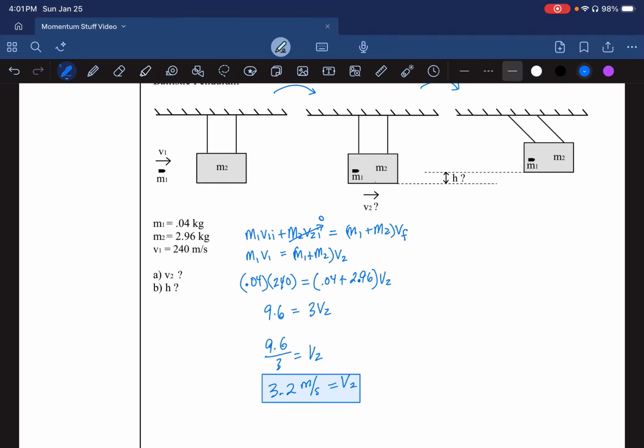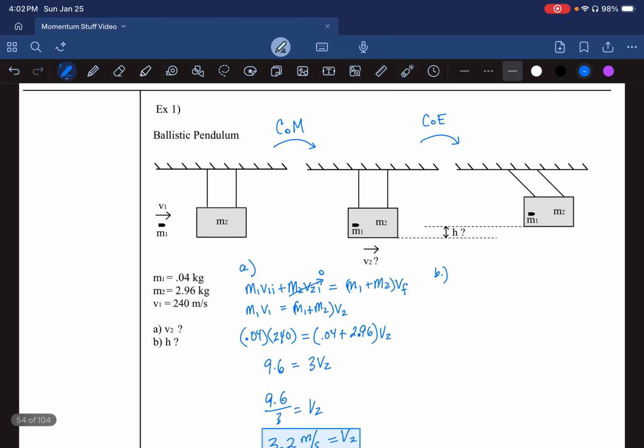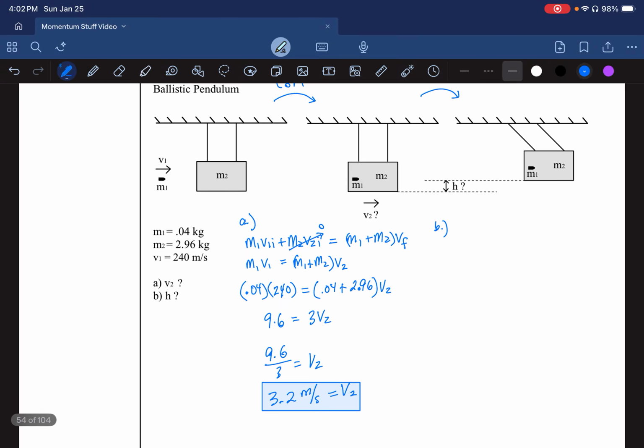Okay, so now the instant that the bullet is embedded in there, they're moving with velocity v2, and it's going to start swinging upward. And this was part A. Okay, part B, this turns into a conservation of mechanical energy problem. And so just to be consistent with the v2 here, I'll call this 2 and I'll call this 3.